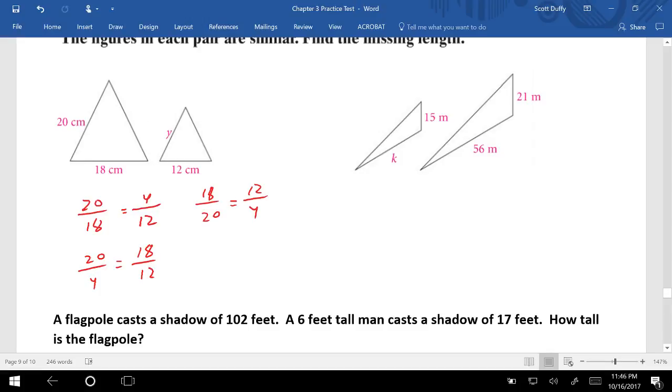Or y over 20 equals 12 over 18. Either way, it's going to solve it. Cross multiply and divide. So 12 times 20 divided by 18 equals 13.3.